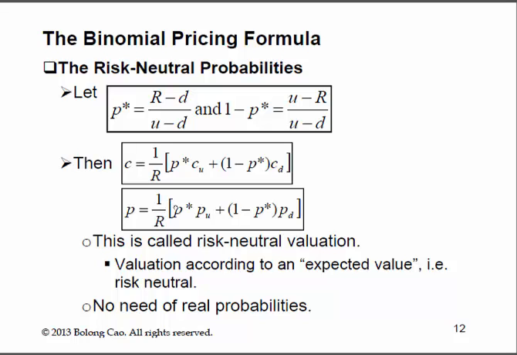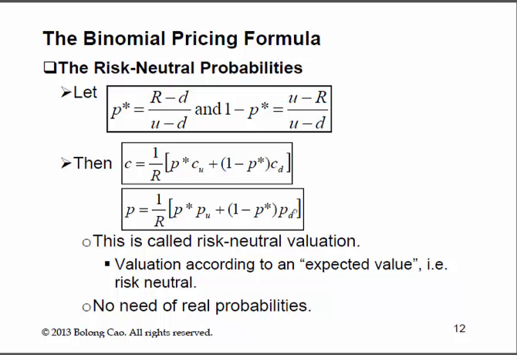We can use the same method to arrive at the put pricing formula. For the put pricing formula, it's still the same. You use the upstate probability times the upstate put payoff plus the downstate risk-neutral probability times the downstate put payoff.